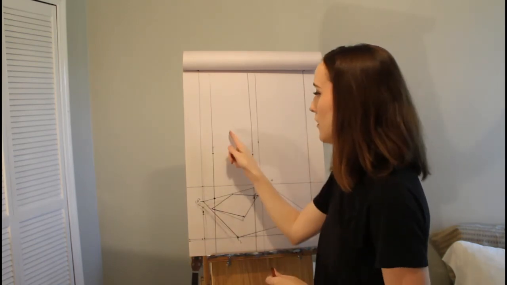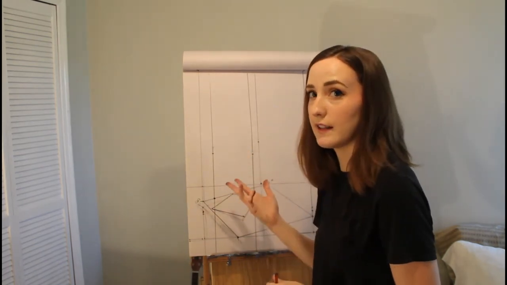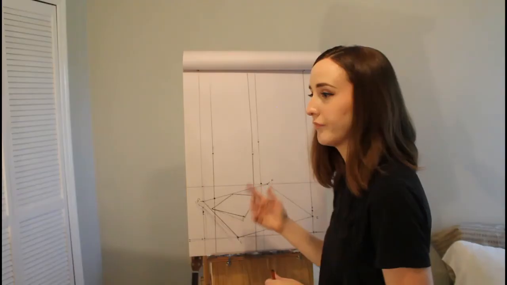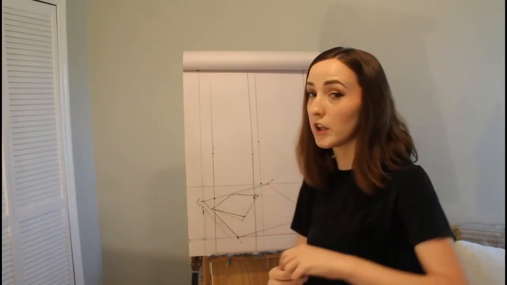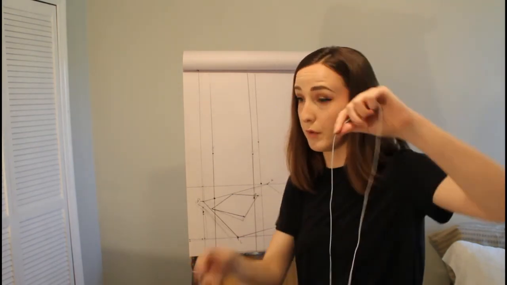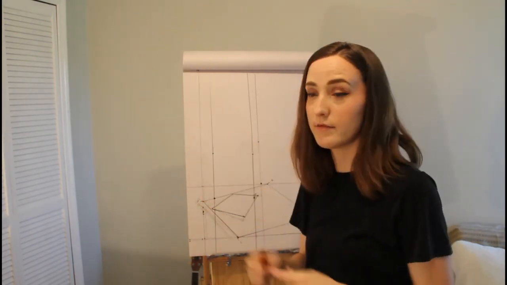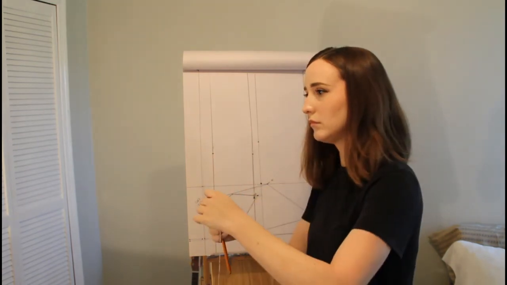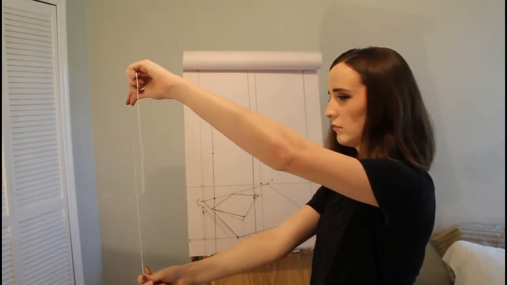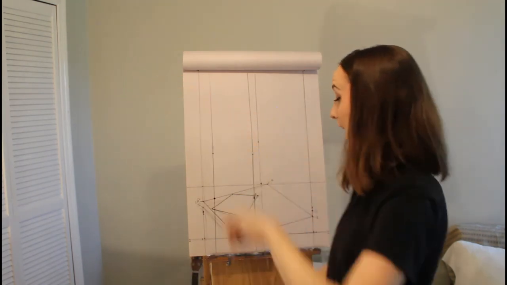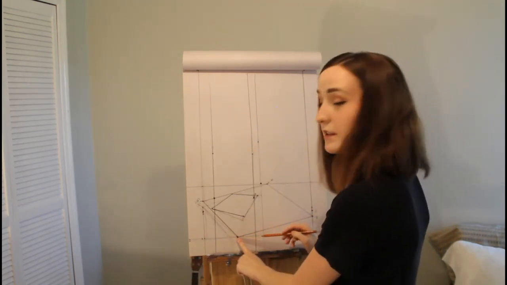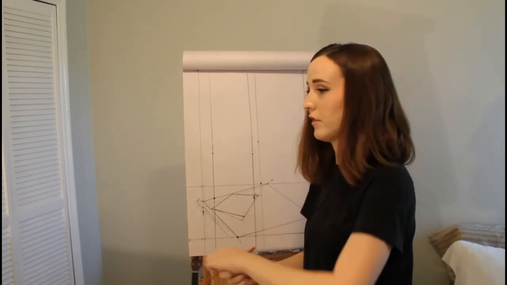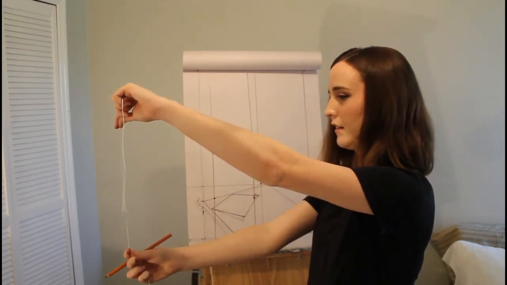Now, there is another vertical here that we can't see. So I'm just going to drop a vertical line with my string through the point, through that corner I can see in the distance. It happens to almost line up with this point, but a little bit further over. I'm going to look at that again.